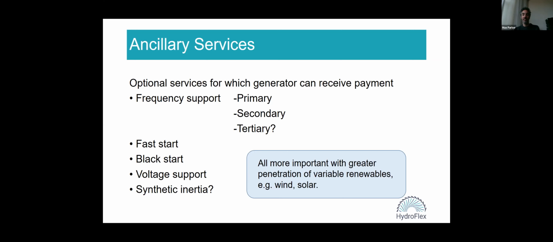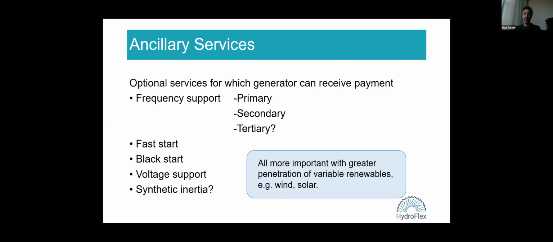Particularly frequency response and synthetic inertia will become more important with the greater penetration of variable renewables. And these don't have any grid connected or directly connected rotating mass. Wind might have a little bit of stored energy in the turbines, but it could be an issue to provide even synthetic inertia. It could get nasty couplings with the turbine mechanical dynamics.